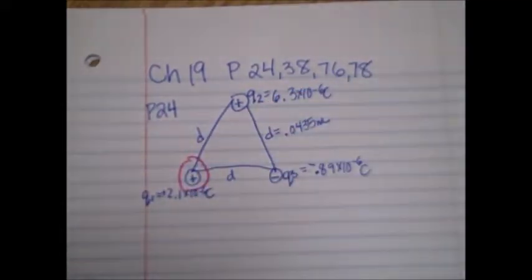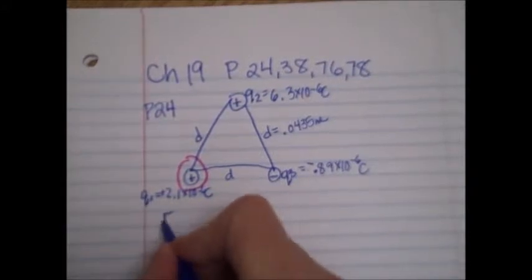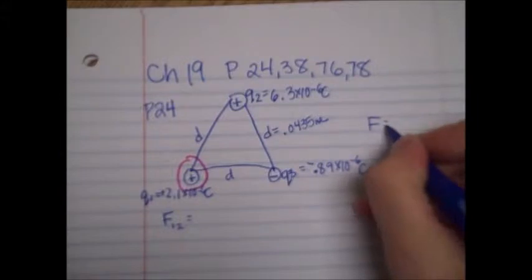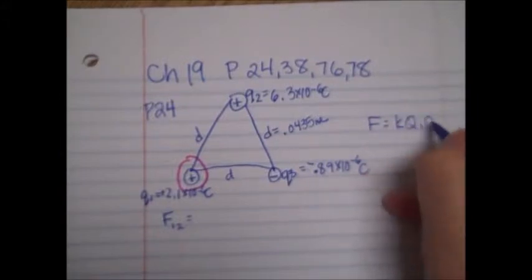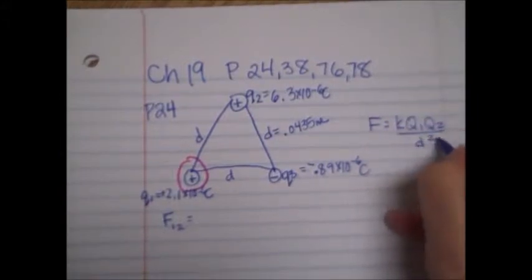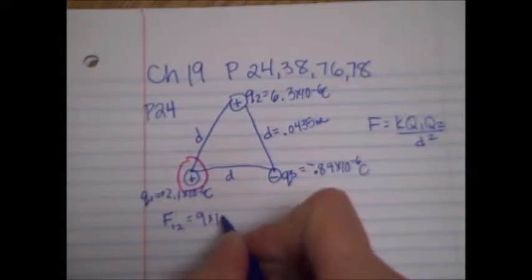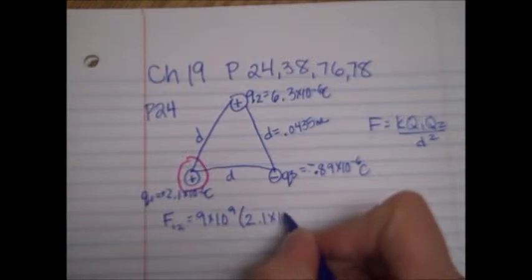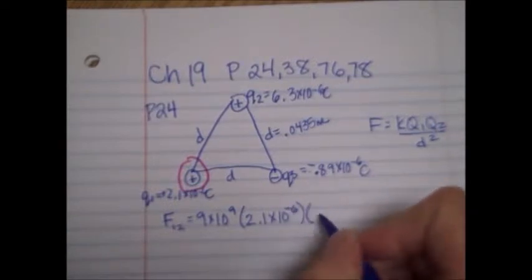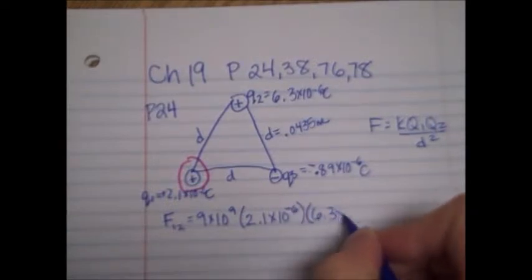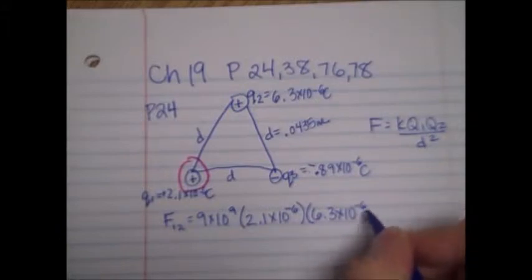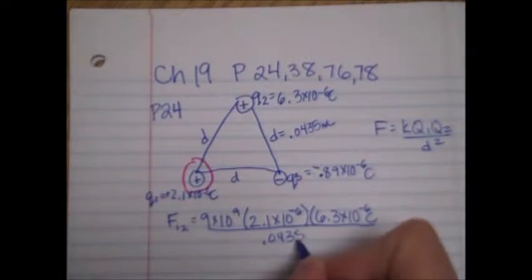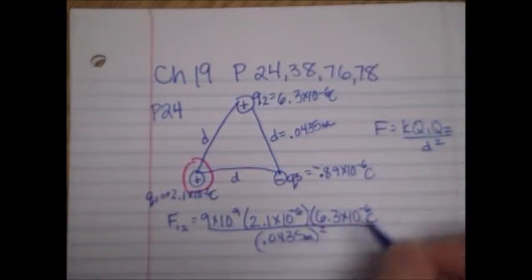We need to find the force between 1 and 2. That would be force equals K Q1 Q2 divided by the distance squared. So this would be 9 times 10 to the 9th times 2.1 times 10 to the minus 6 times 6.3 times 10 to the minus 6 coulombs divided by 0.0435 meters squared.